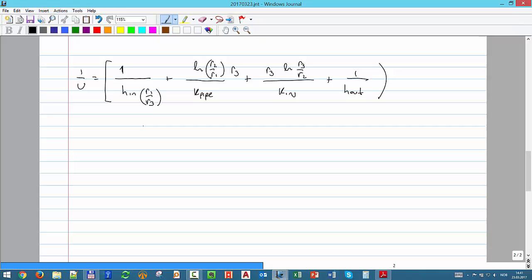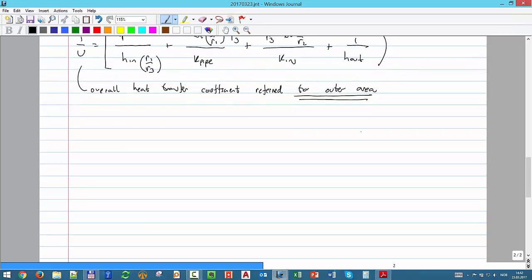All the time you can find an equivalent overall heat transfer coefficient, and in that case it is referred to the outer area. Remember, you always have to ask; usually it is the outer area, but sometimes it might be something different.